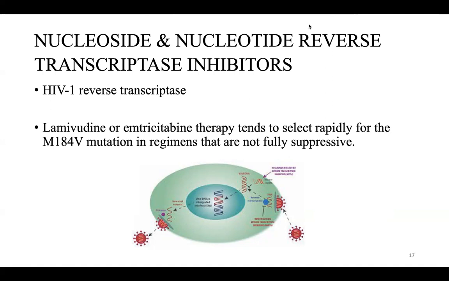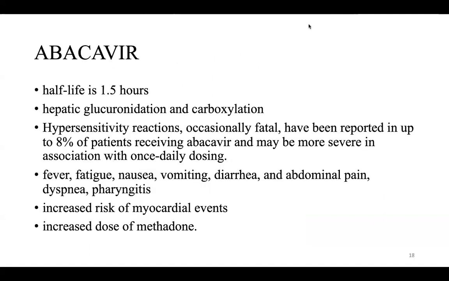Incorporation into the growing viral DNA chain causes premature chain termination due to inhibition of binding with the incoming nucleotide. Each agent requires intracellular activation via phosphorylation by cellular enzymes to the triphosphate form. Look, first drug, abacavir.